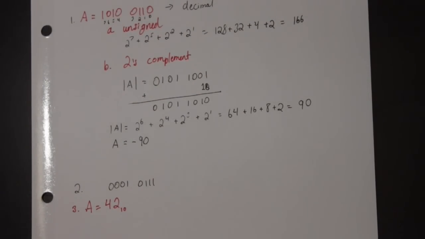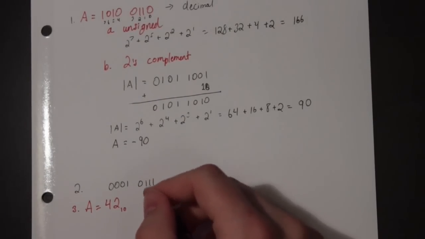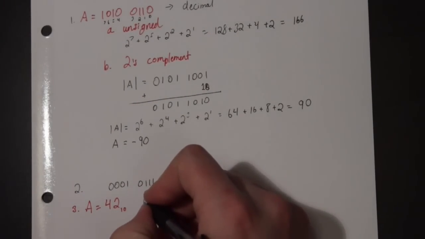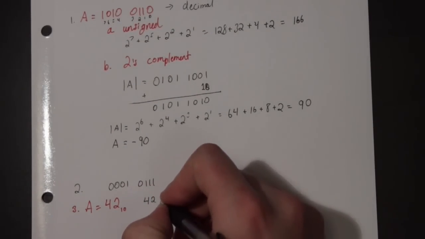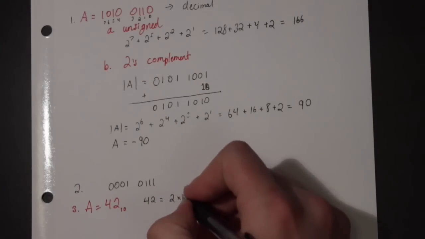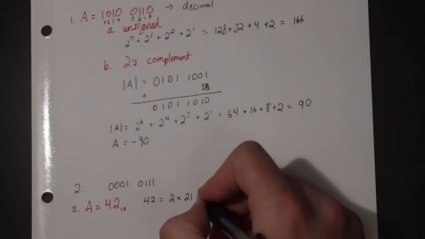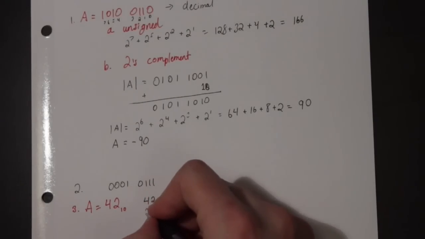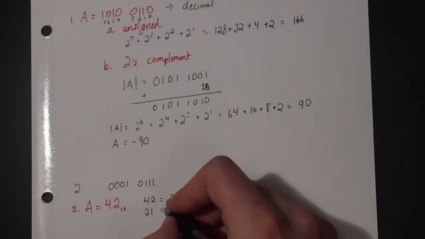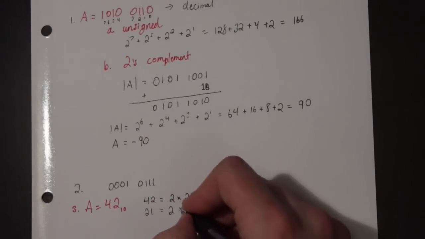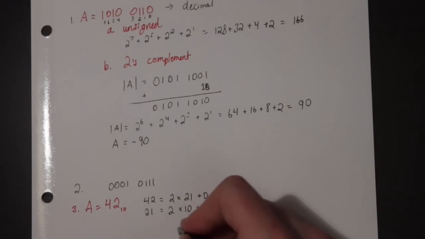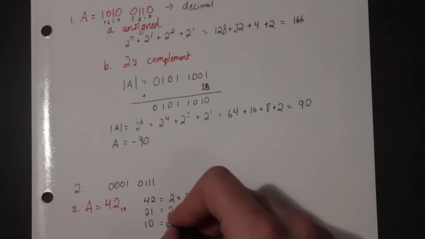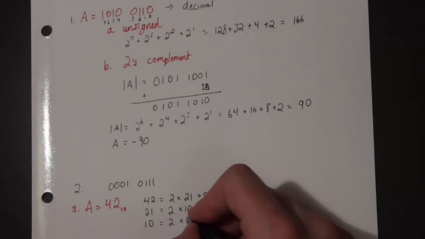The way that we do that is we just continuously express 42 as multiples of 2. So 42 equals 2 times 21 plus 0. Then 21 equals 2 times 10 plus 1. 10 equals 2 times 5 plus 0.